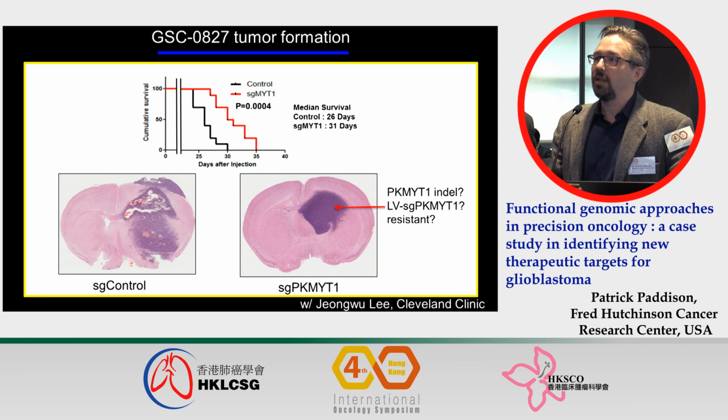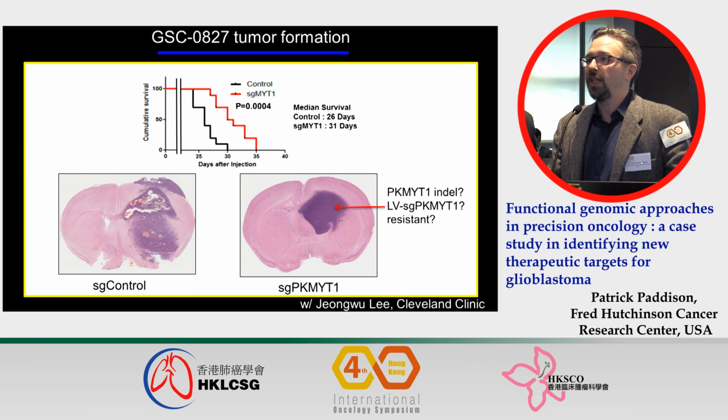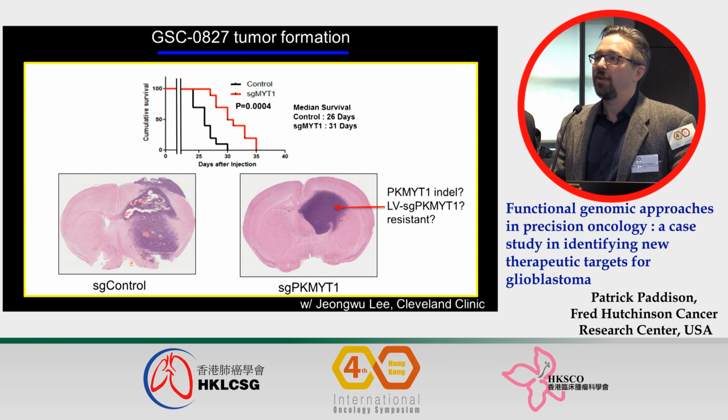And when we knock out MYT1, we see these more defined tumors where we do get an extension of survival. Right now what we're trying to ask is whether these are residual cells that have wild type MYT1. One of the issues with any of these technologies is that the cancers find ways of defeating them, or whether these are truly deleted for MYT1 and it has changed the profile of the cancer.